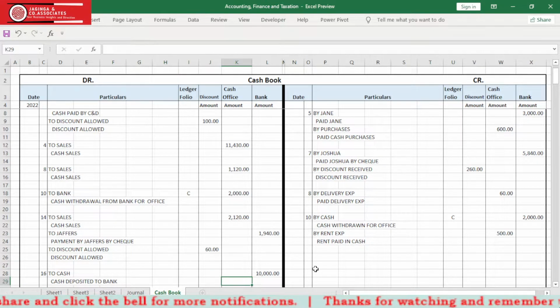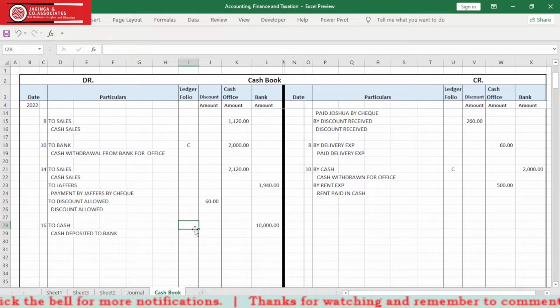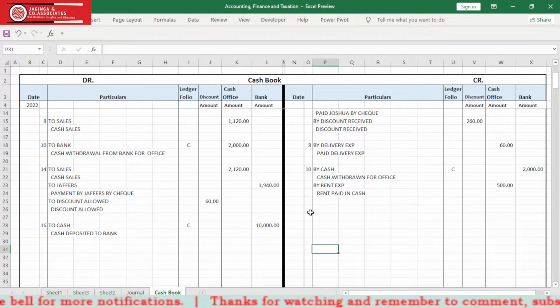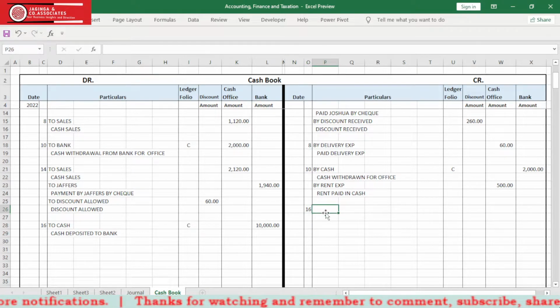And then on 16th again. So this is another contra entry. So here we'll write 16th. So here we'll set by bank. So here it should be by cash, or by bank, by cash.